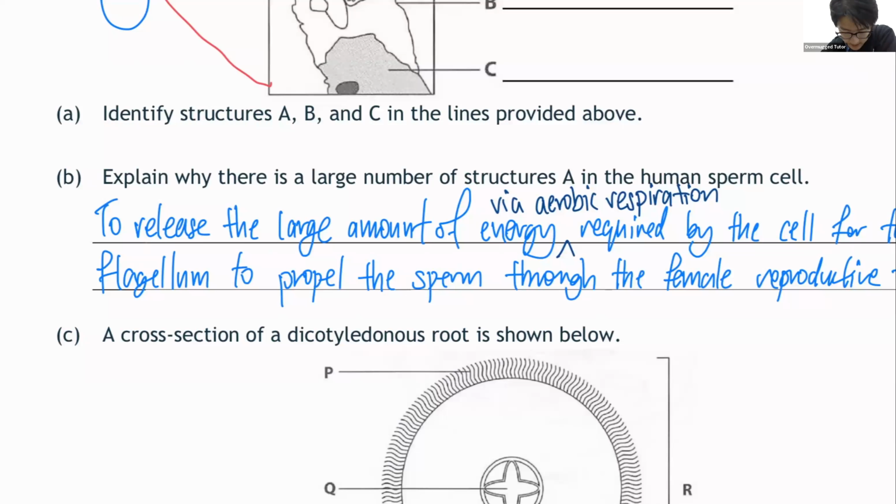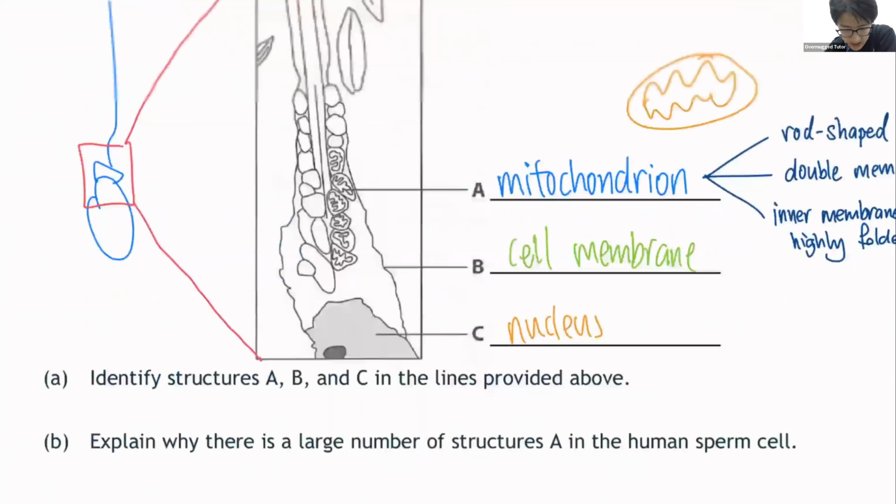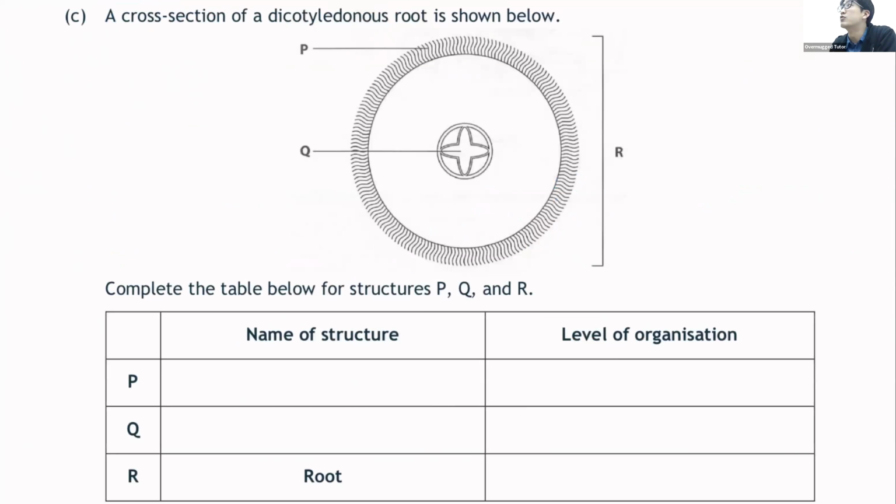Where were we? Okay, so cross section of a dicotyledonous root here, right off the bat. What does it mean to be dicotyledonous? Another episode of Bio Tongue Twisters, dicotyledonous. Anyone can tell me what dicotyledonous refers to?